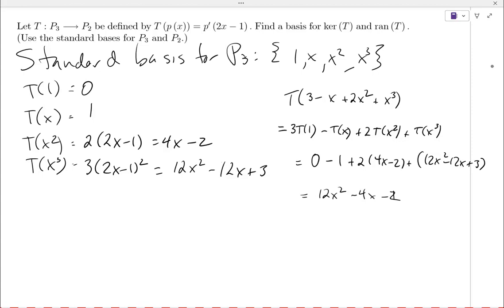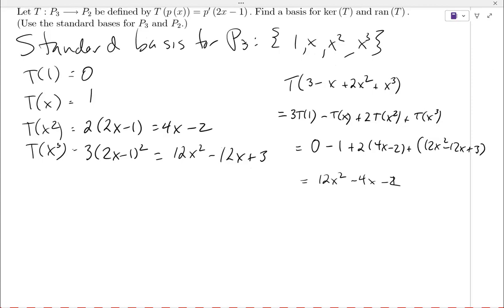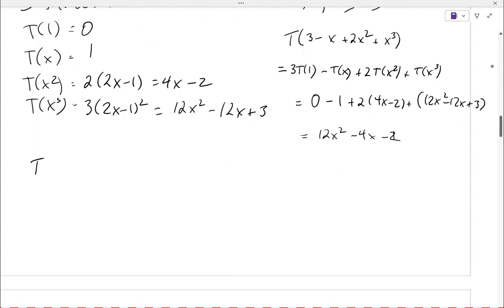Okay. So, in general, if you had some a plus bx plus cx squared plus dx cubed, I could do the exact same thing, right?